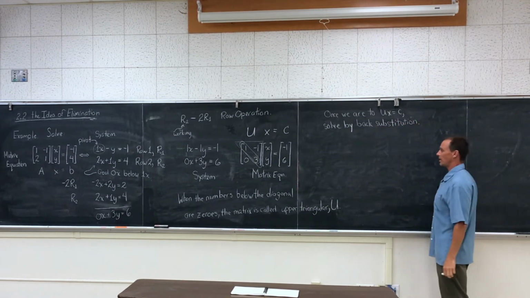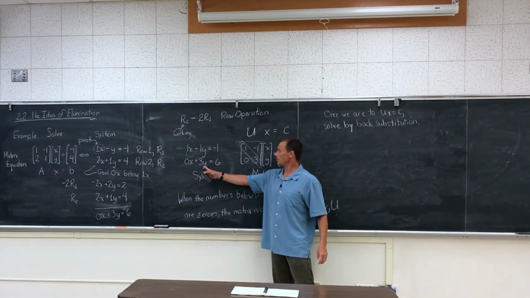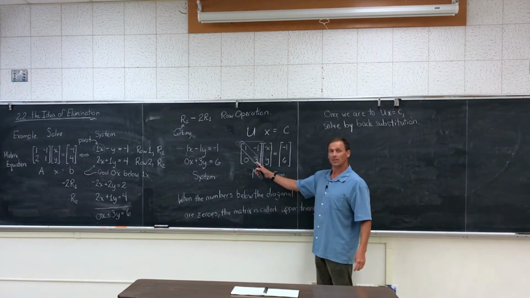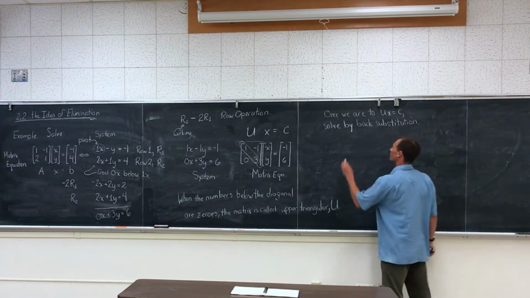All right, so let's do that. Well, we start down here. You can look at the system, 3 times y equals 6, or you can look at the matrix equation, 3 times y equals 6.